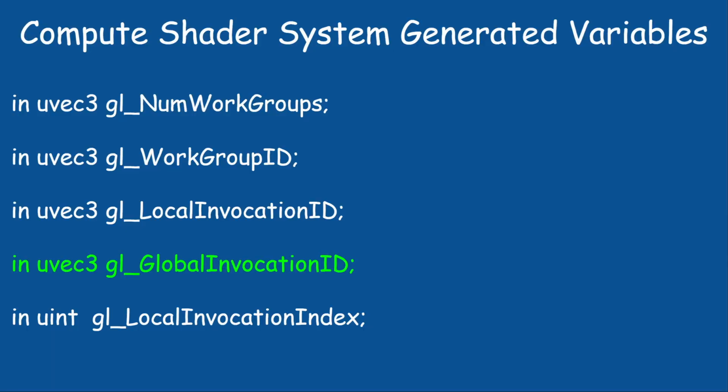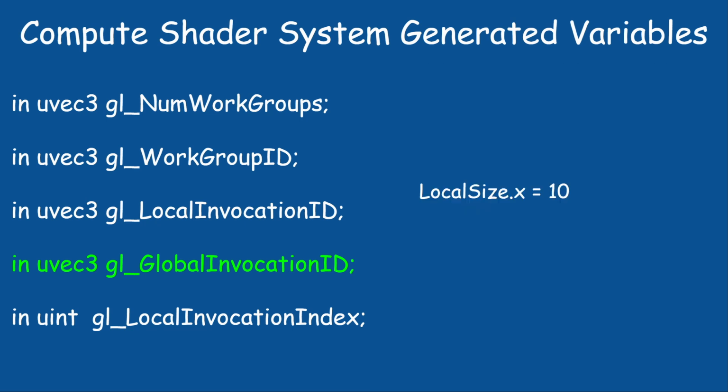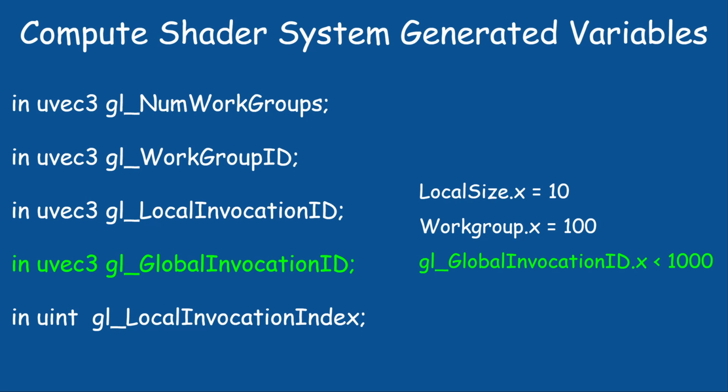This is one of 5 system-generated variables. It is a 3D vector which provides the position of the current shader invocation within the entire compute space. This means that if the local size is 10 and the workgroup size is 100, the range of this variable will be 1000.